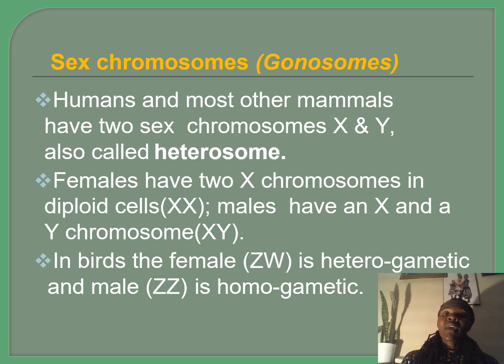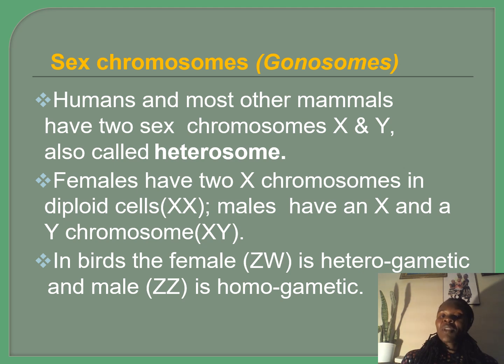So we have the XY as the sex chromosomes. The females have two X chromosomes in diploid cells, the XX. The males have an X and a Y chromosome, meaning XY. But in birds, it's different. It's the females who are heterogametic, ZW, and the males are homogametic, ZZ.